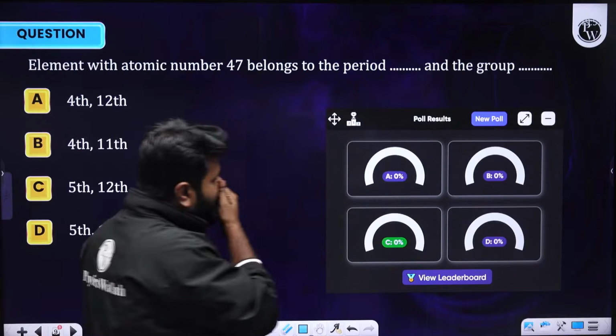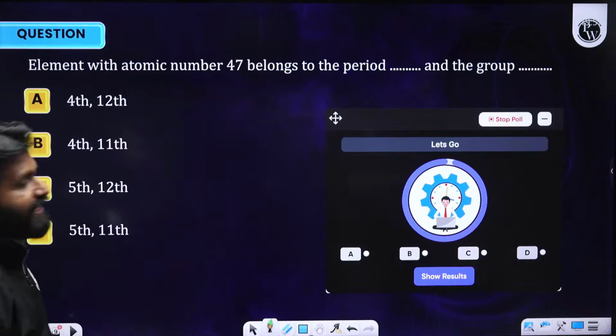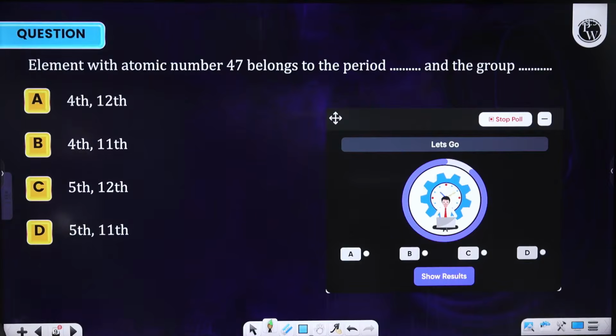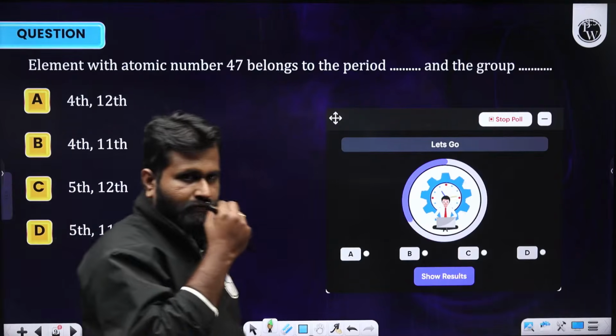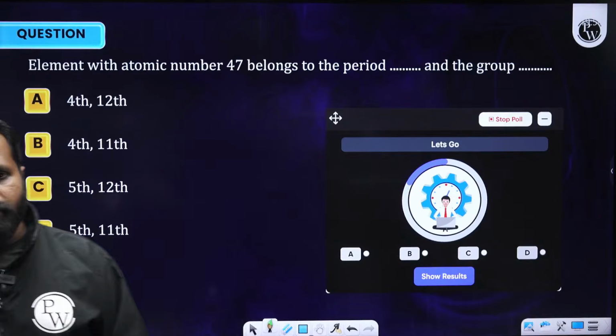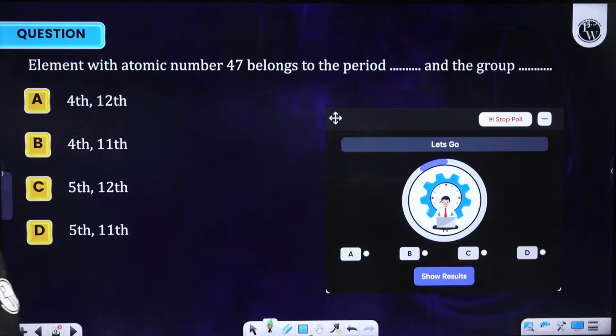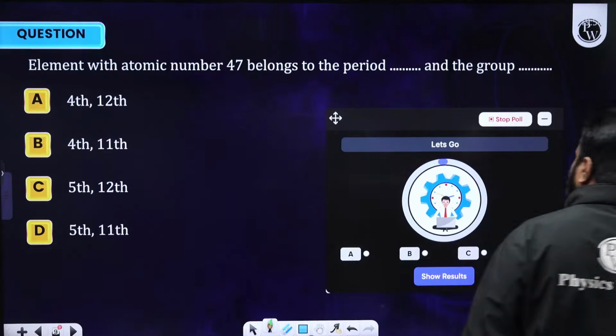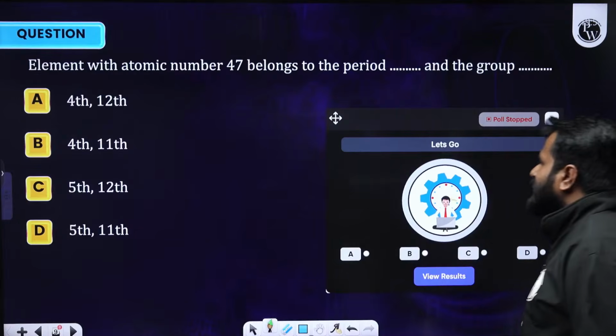Next question. The element with atomic number 47 belongs to which period and group? Yes, exactly.